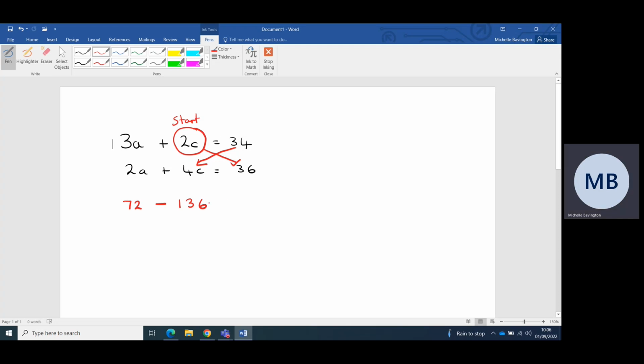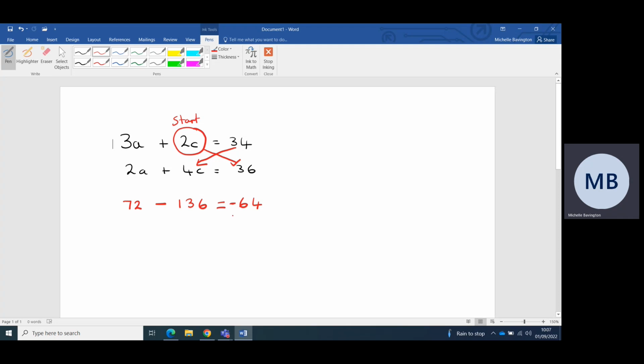Okay, so then that equals 72 minus 136. You're taking a bigger number away from a little number, so it's going to be negative 64.